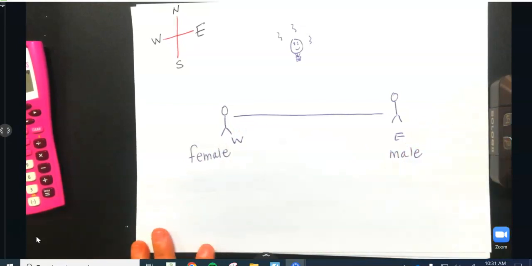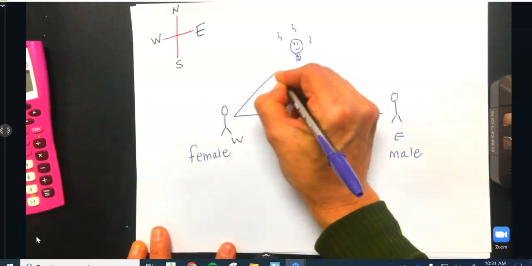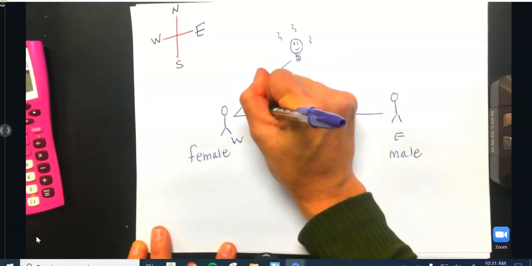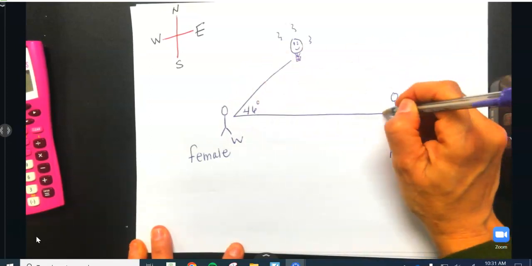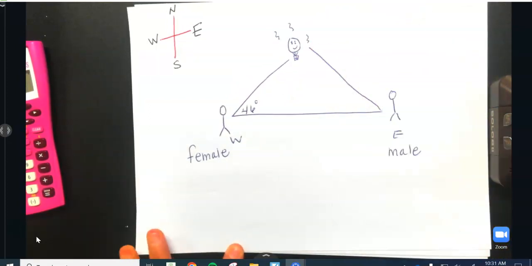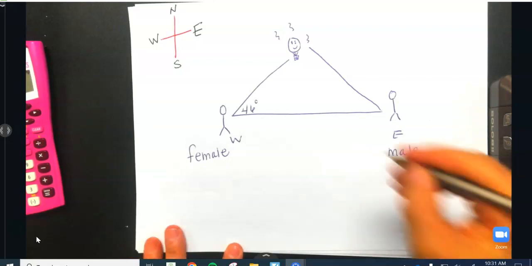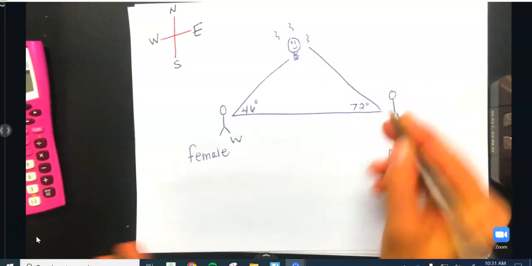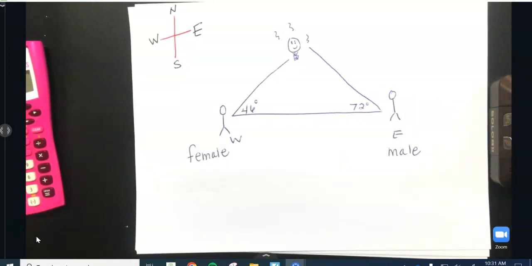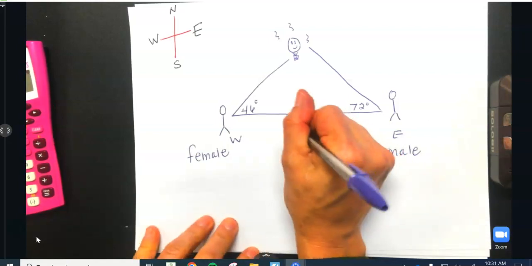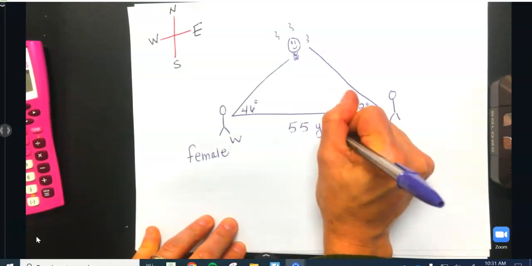So when she looks up, it's 46 degrees. And when the male looks up, what is it? 72. Thank you. You got one more piece of info. They're 55 yards apart.